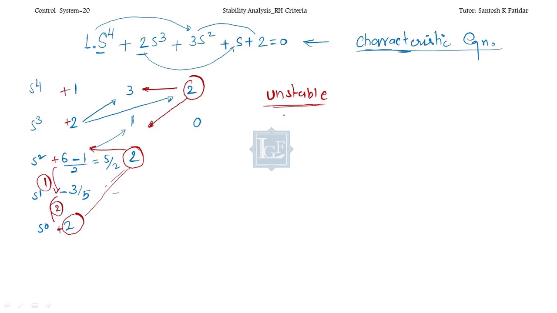So you have 2 sign changes. Out of these 4 roots, you have 2 roots in the RHS and the remaining 2 roots in the LHS. So in the RHS you have 2 roots, and over here also 2 roots. This is the S-plane.